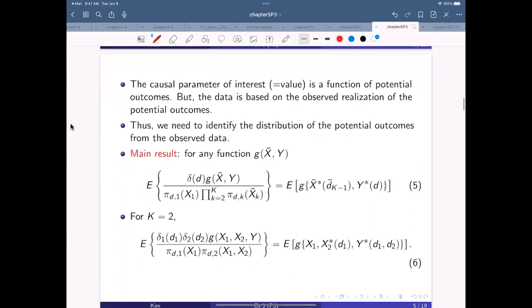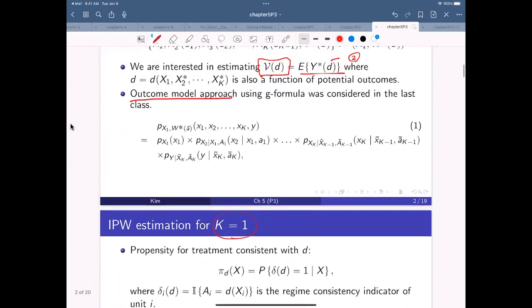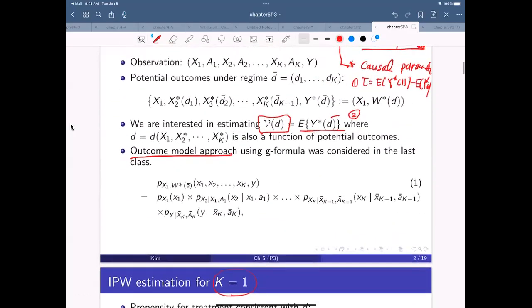So the causal parameter of interest, which is the value, is a function of the potential outcomes. But the data is based on the observed realization of the potential outcomes, right? So that means we need a different identification rule. We already have an identification rule here, but this one does not treat A as a random variable.